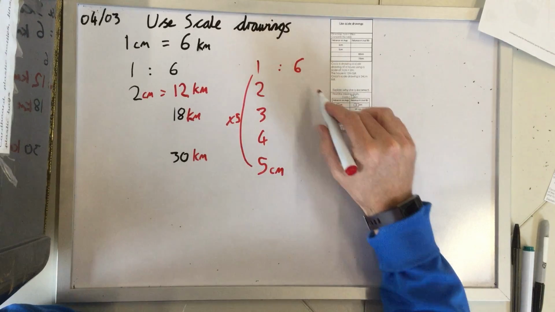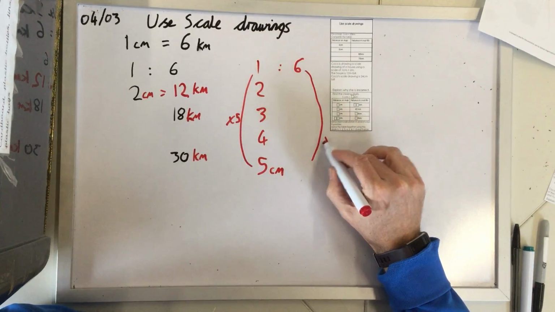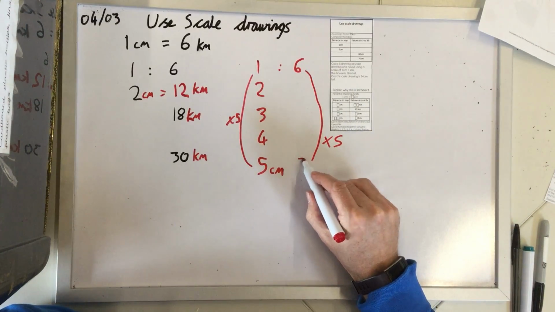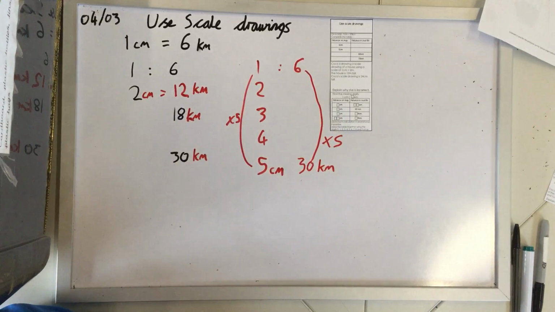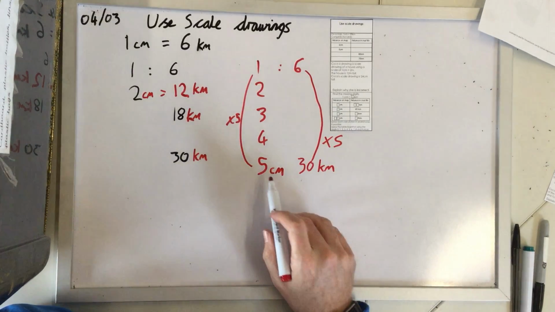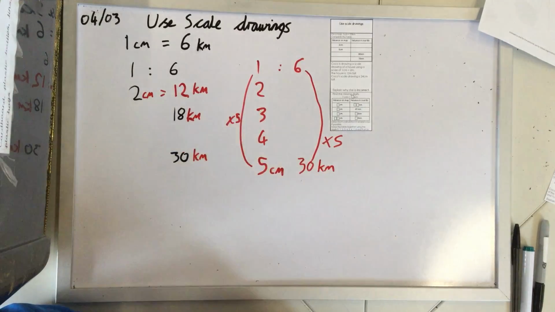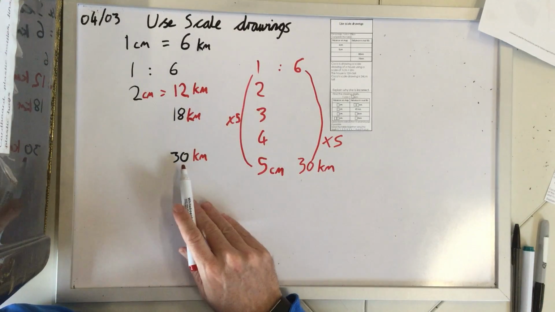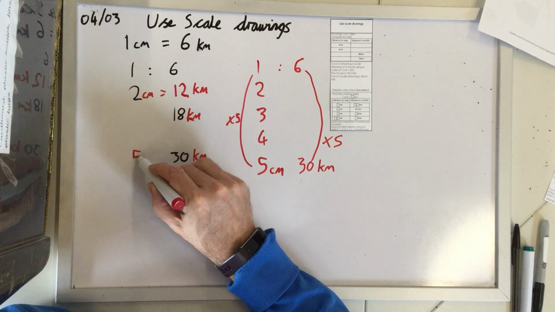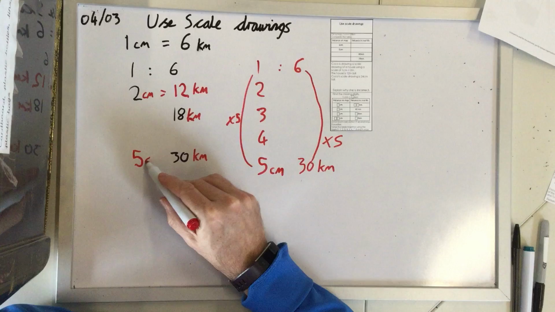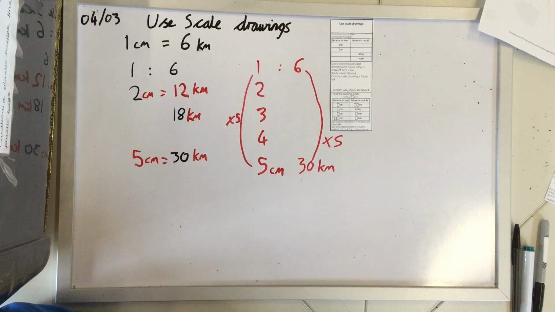So 6, making it 5 times larger, multiply it by 5, that will give us 30 kilometres. So that's a ratio: every 5 centimetres on the map will be 30 kilometres. I've already got 30 kilometres here, so I'm going to fill that in. 5 centimetres is equal to 30 kilometres.